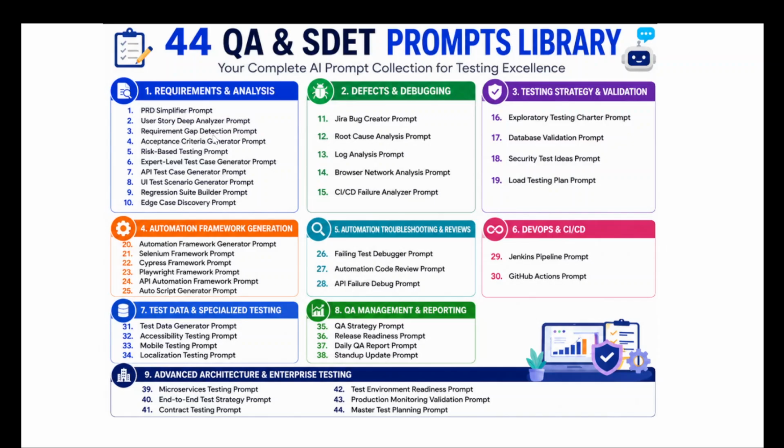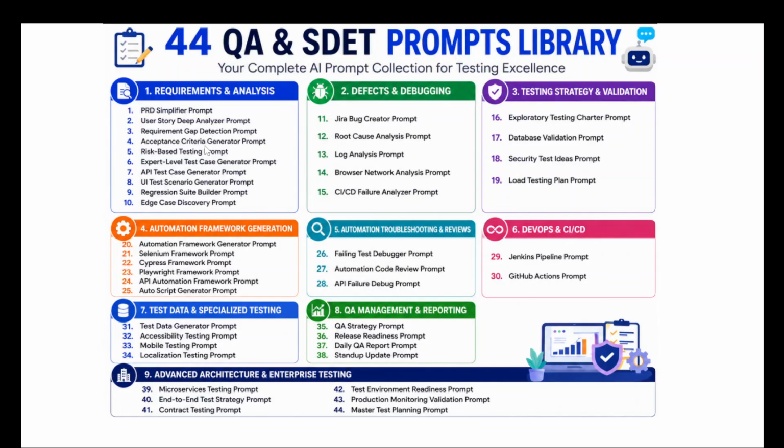Similarly, there is a requirement gap detection prompt. Whenever we get any requirements, we go for the discussion. But for that discussion, we should have some points. Those points can be found at an early stage while you are going through that document. So I have created one requirement gap detection prompt as well. If you are a product person, you can use prompts to generate acceptance criteria as well.